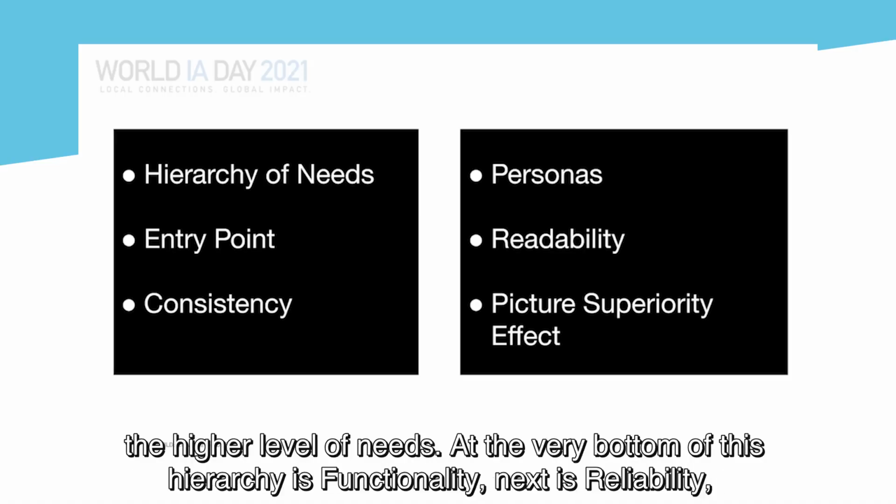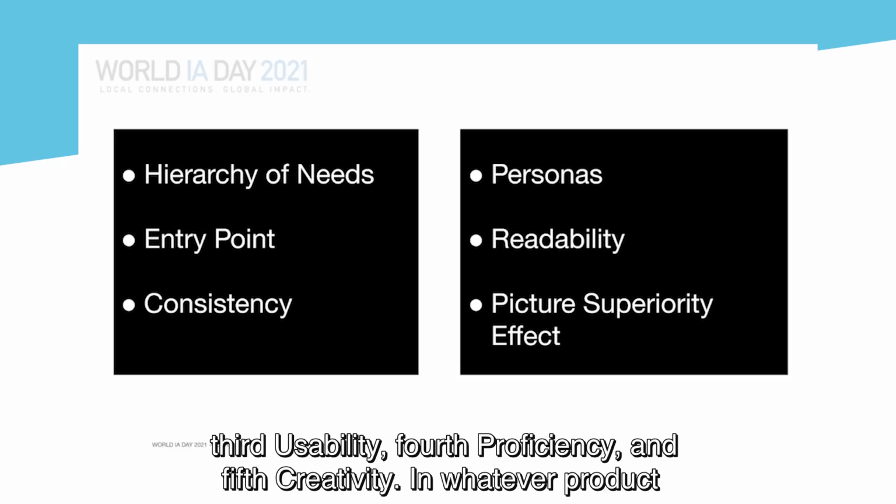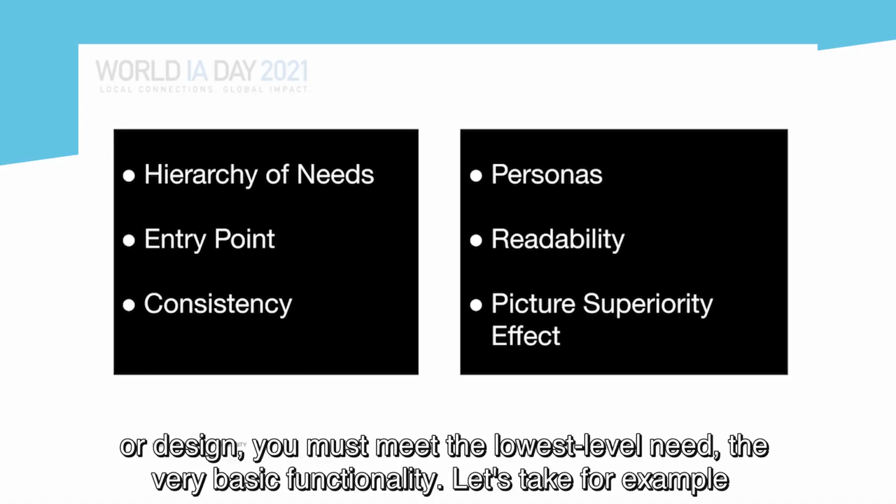At the very bottom of this hierarchy is functionality. Next is reliability. Third, usability. Fourth, proficiency. And fifth, creativity. In whatever product or design, you must meet the lowest level need, the very basic functionality.